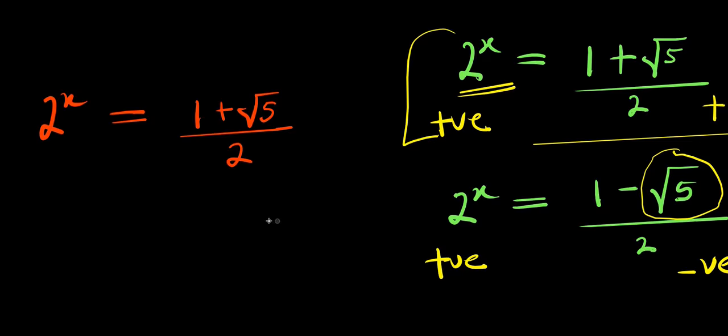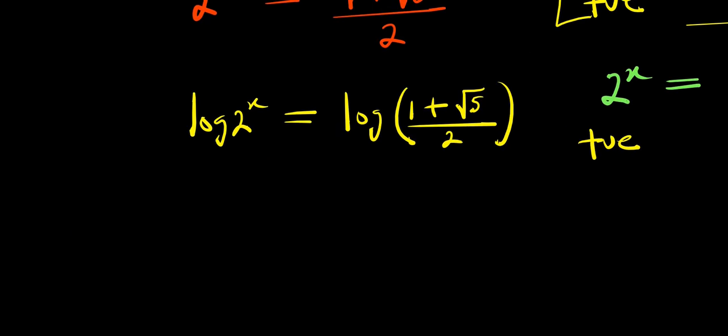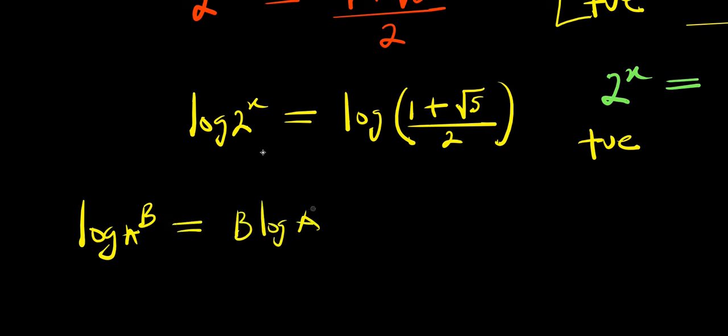divided by 2. So at this particular point, we can apply log: log 2 power x equals log of 1 plus root 5 divided by 2. Now, if you have log a to the power of b, this equals b times log a.